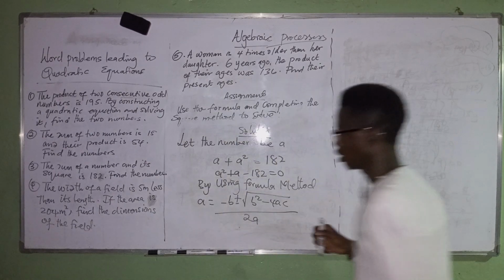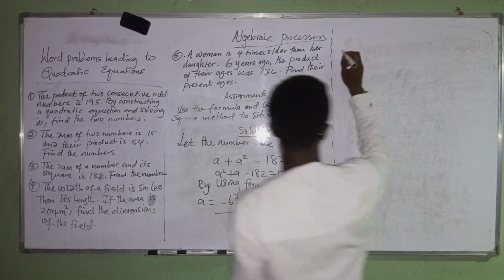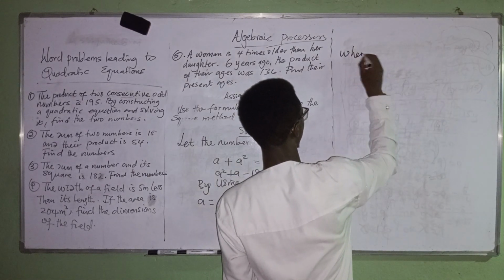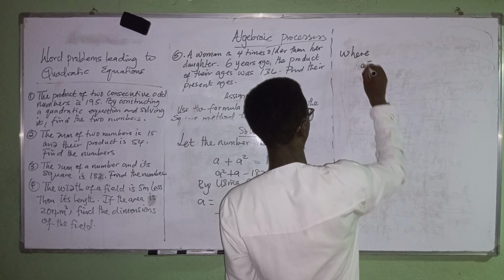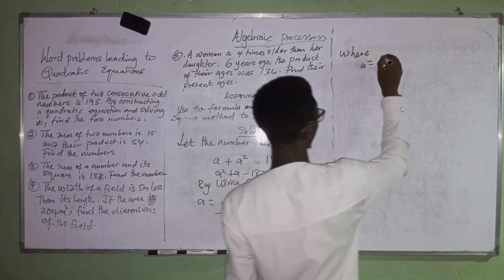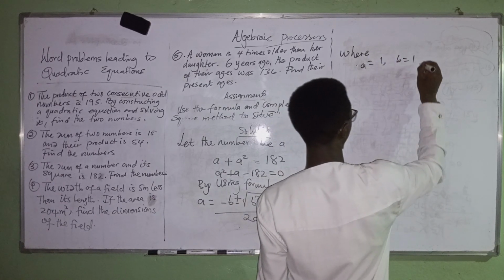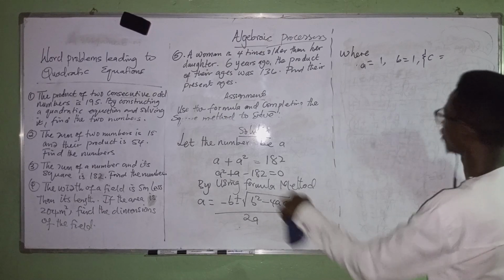So the next thing we have to do, we say where your A is 1, your B is 1 again, and your C is now going to be minus 182.